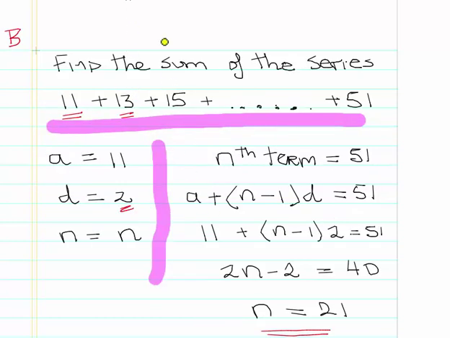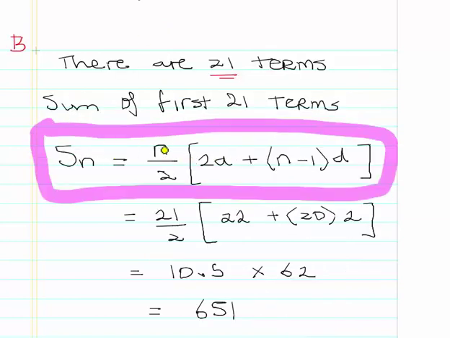Using our values, n is equal to 21, so 21 over 2, times 2a, that's 2 times 11, which is 22, plus n minus 1, which is 20, times d, which is 2. Calculating it all out, we get 21 over 2 times 62, since 20 times 2 is 40 and 22 plus 40 gives us 62. With a bit of calculator work, that gives us an answer of 651. So we'll leave it there.